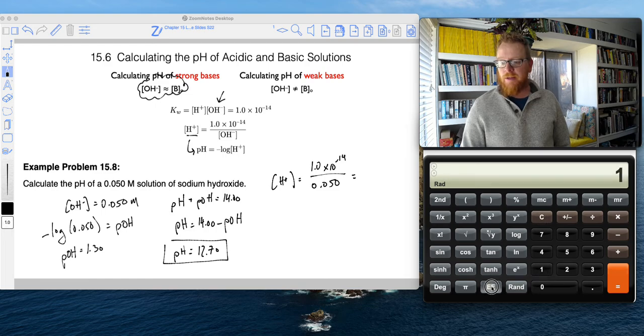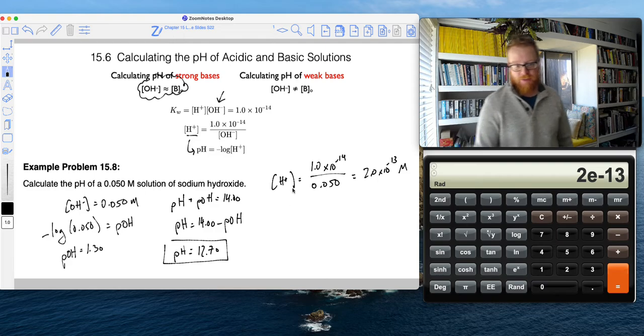So I've got 1 times 10 to the negative 14, okay? And I'm going to say divided by 0.05 equals, and so there, with 2 sig figs, that's going to be 2.0 times 10 to the minus 13 molar for H plus.